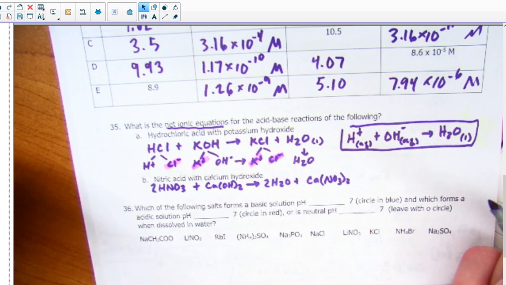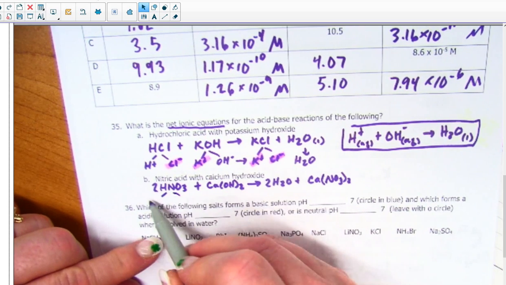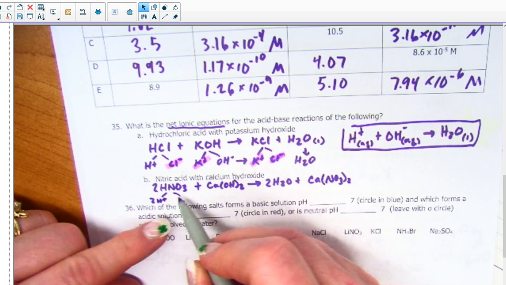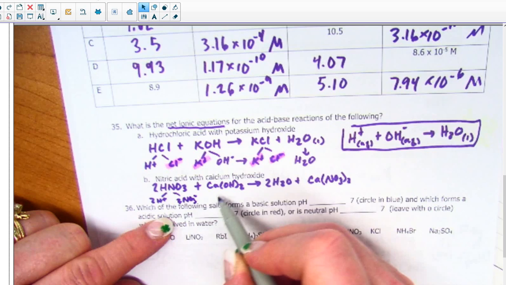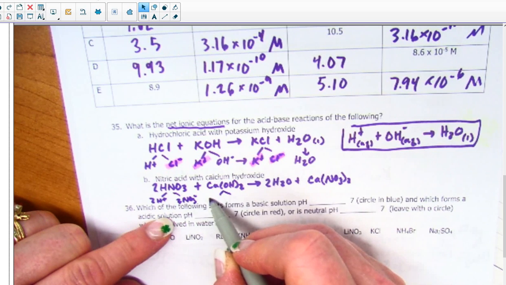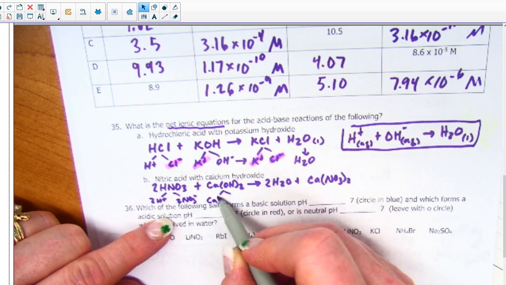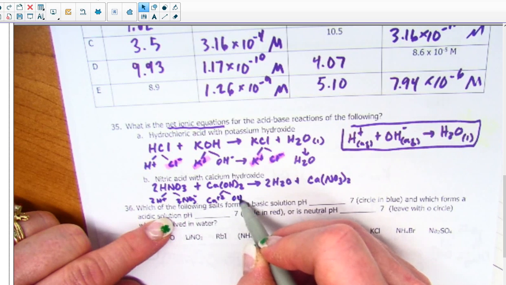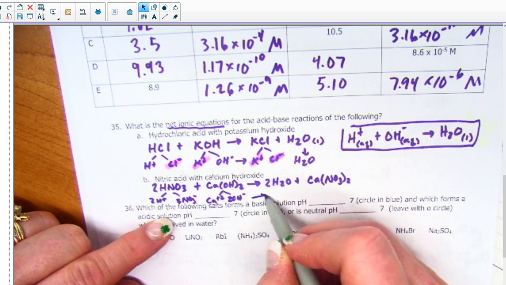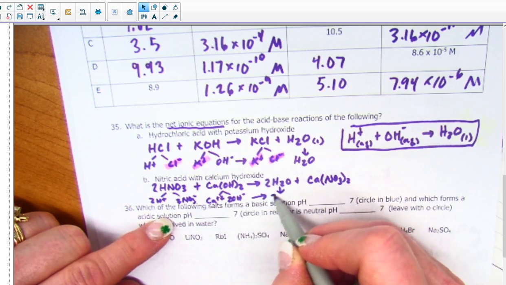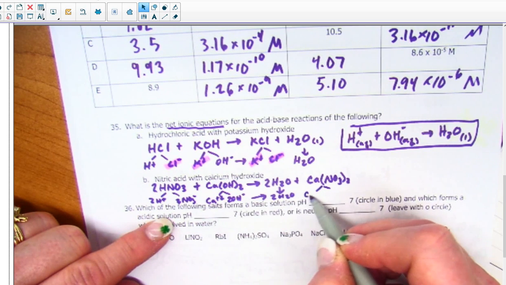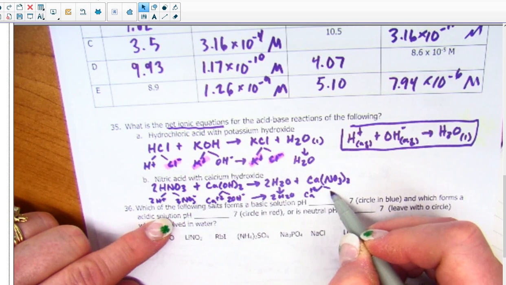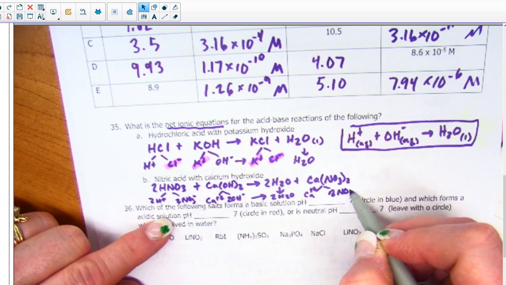Now, to do the net ionic equation, again, 2H plus, 2NO3 minus, Ca 2 plus, OH minus, I have 2 of them, arrow. This comes straight down to H2O, and this is going to split into Ca plus 2 and 2NO3 minus.